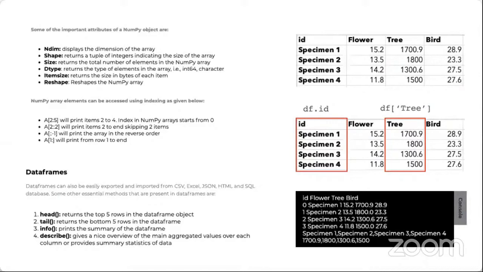What are the different basic functions, like how to find the dimension of an array, how to find the size of some of the elements, how to index or take specific portions from the data frame, or how to restructure a data frame based on your requirements.